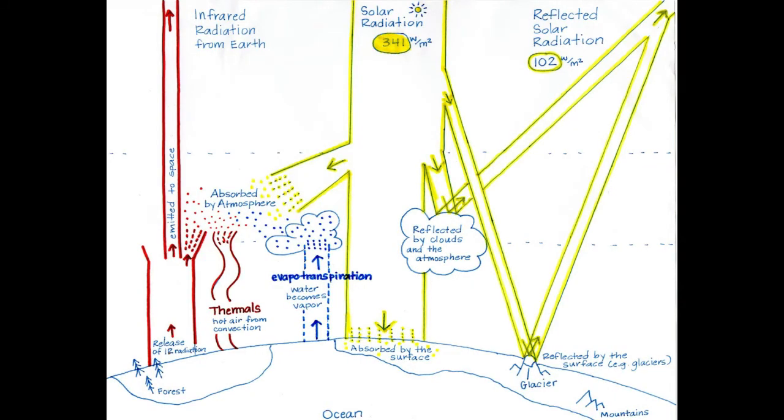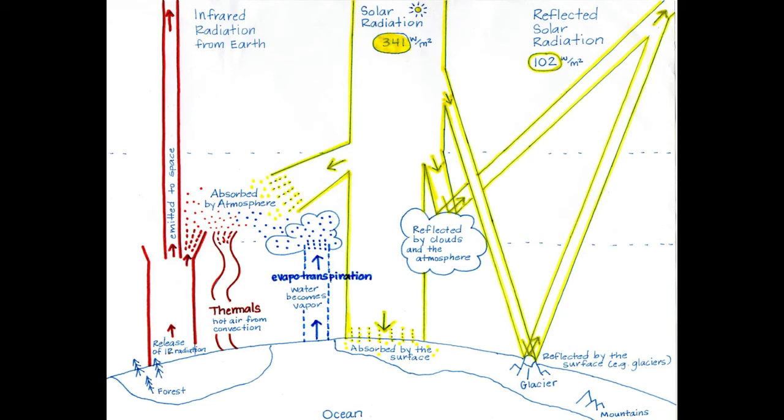So while volcanoes can contribute to this emission of infrared radiation, a good portion of this infrared radiation enters Earth systems as solar radiation. By now, you've probably noticed there's a lot of energy being absorbed by our atmosphere. The atmosphere doesn't want to contain that energy.